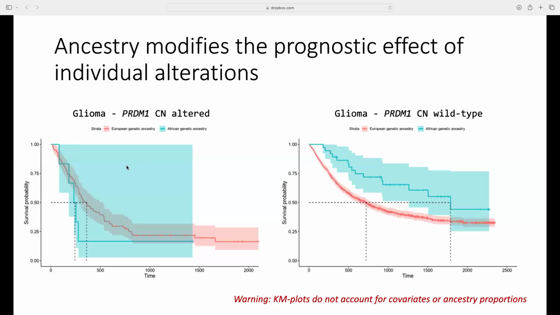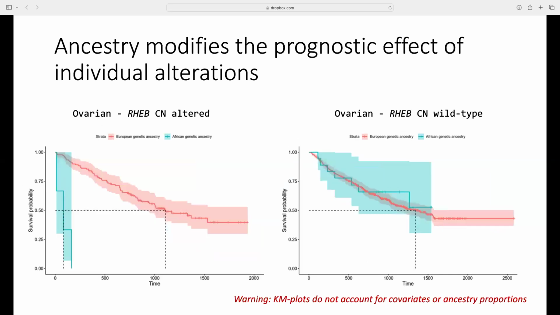On the other hand, when we look at just the subpopulation that has a PRDM1 somatic copy number alteration, these curves are basically reversed, and individuals with African ancestry have worse outcomes than individuals with European ancestry. And so this highlights the phenomenon that ancestry can modify and change the influence of these somatic alterations.